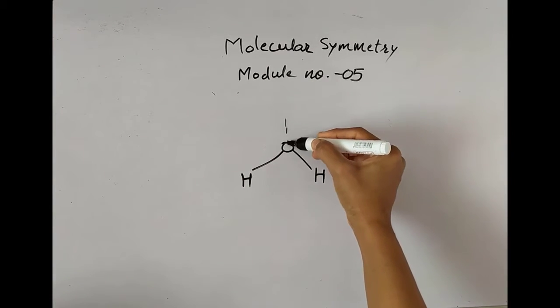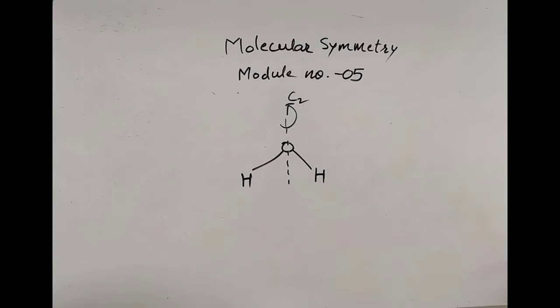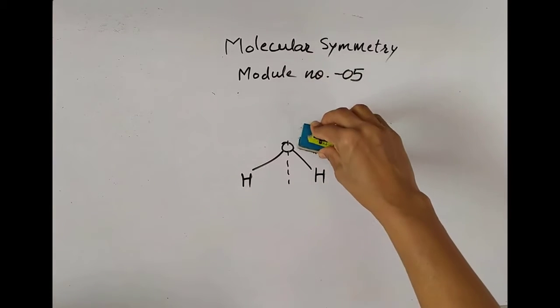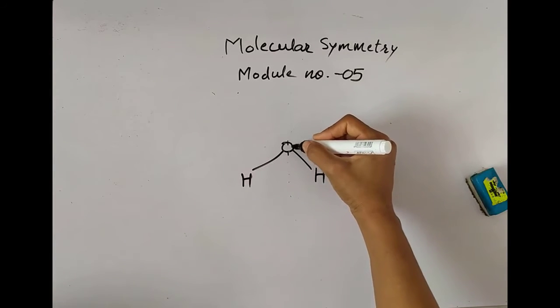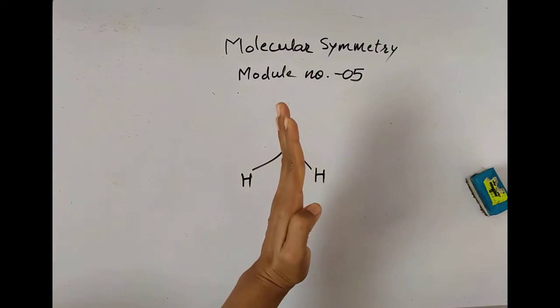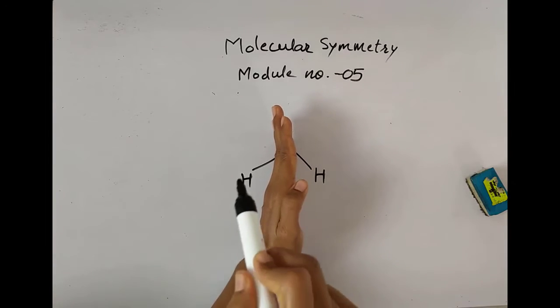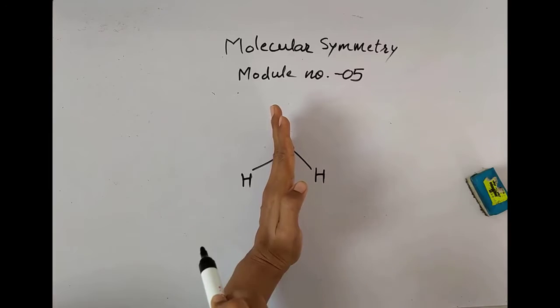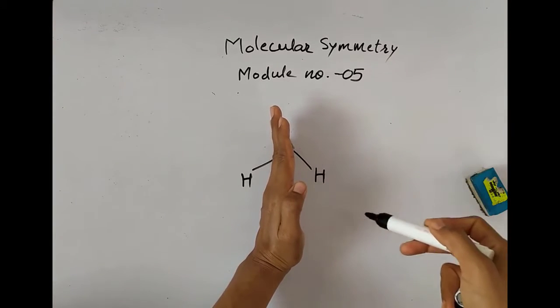How did we pass C2 in the water molecule? Like this, which was the principal axis. In the same manner, we can pass the plane. As the water molecule is perfectly symmetrical, you can easily imagine that this molecule can be cut into 2 equal halves, where half of the image on this side is reflected on half of the image on this side.